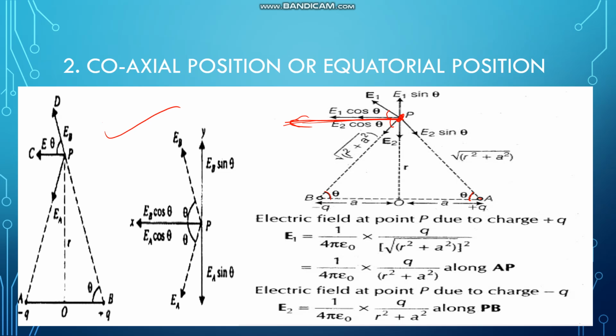For finding the distance PA and PB we take the right angle triangle AOP. In this right angle triangle the perpendicular and the base we know, so by the Pythagoras theorem we can find the hypotenuse, that is under root r square plus a square. So the electric field at point P due to charge plus q will get this formula. This square and root cancel out.